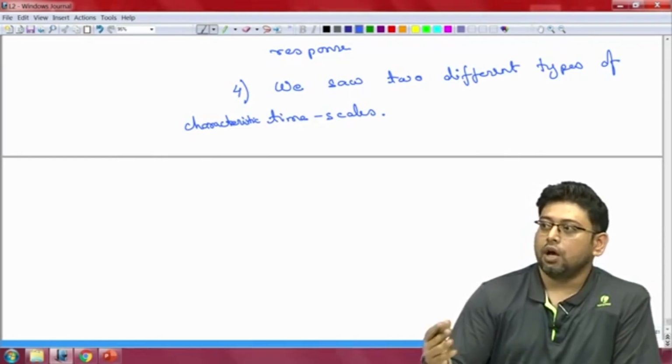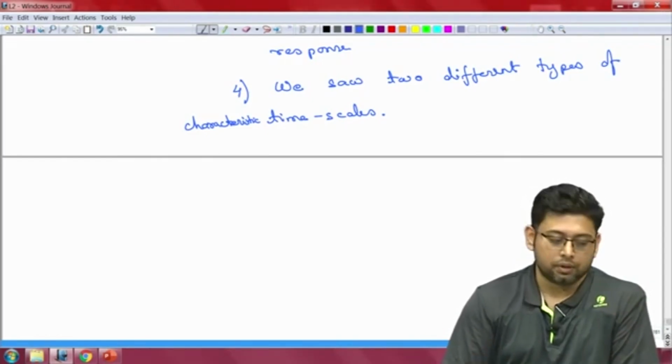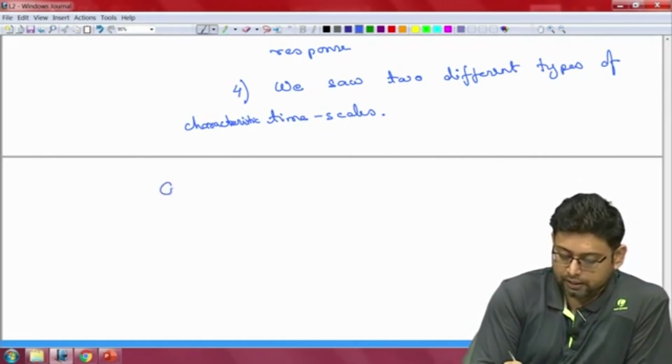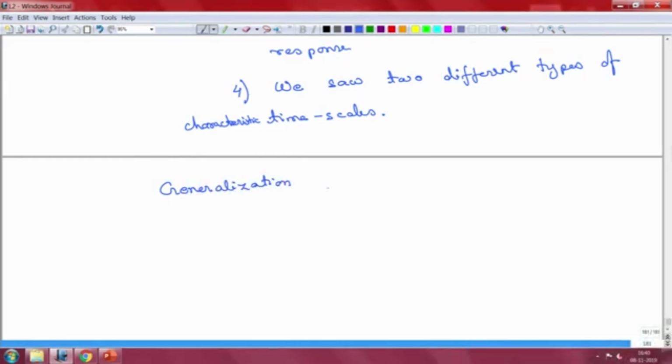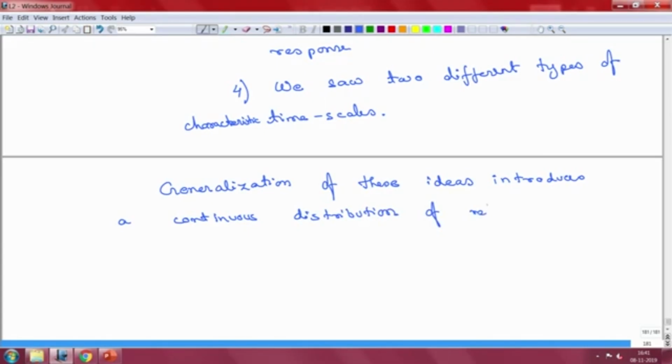So, the time scales themselves go from a discrete variable to a continuous variable. So, the generalization of these ideas of the time scale introduces a continuous distribution of relaxation times.